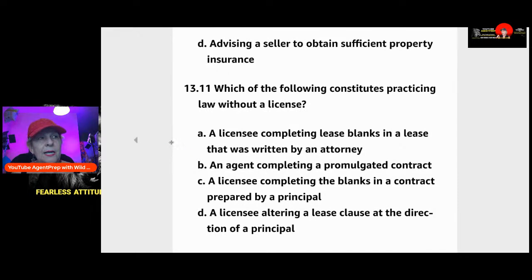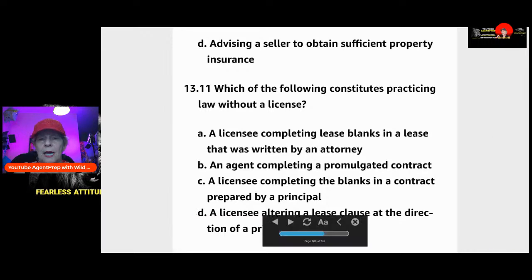A, a licensee completing lease blanks in a lease that was written by an attorney. B, an agent completing a promulgated contract. C, a licensee completing the blanks in a contract prepared by a principal. Or D, a licensee altering a lease clause at the direction of a principal. Which one of the following constitutes practicing law without a license?